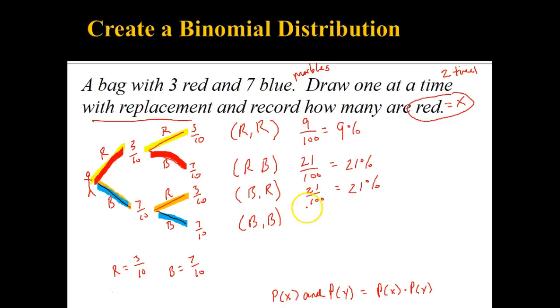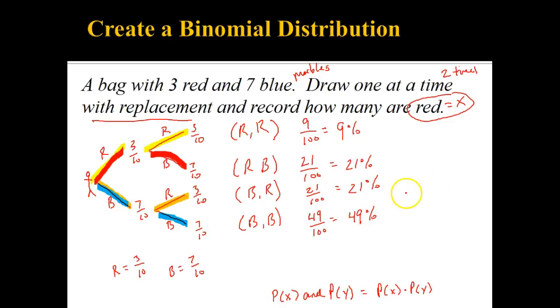And the chances of that would be 7/10 times 7/10. 7 times 7 is 49. 10 times 10 is 100. 49 hundredths, or 49%. So by far the most likely outcome was never drawing any reds in this situation, because there's so few red marbles and so many blue marbles. You have almost a 50% chance of not ever drawing a red.